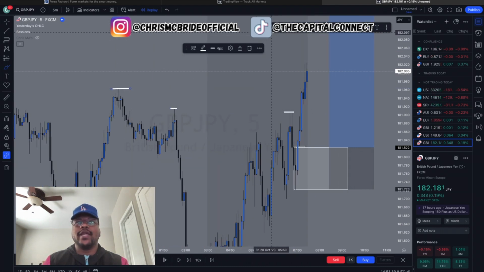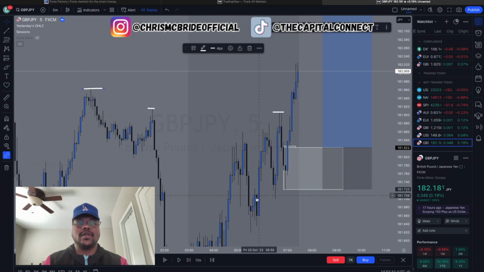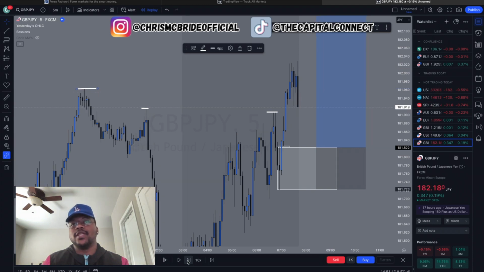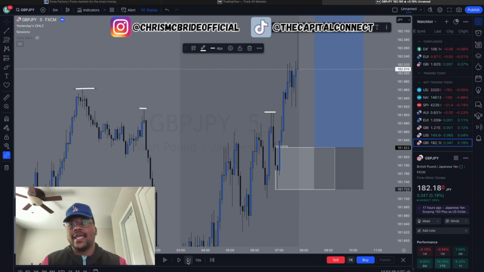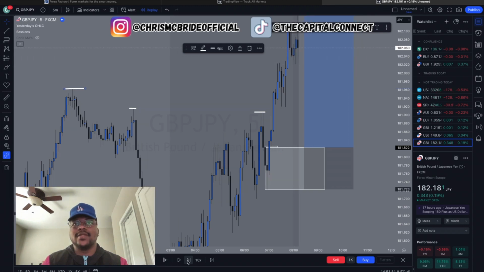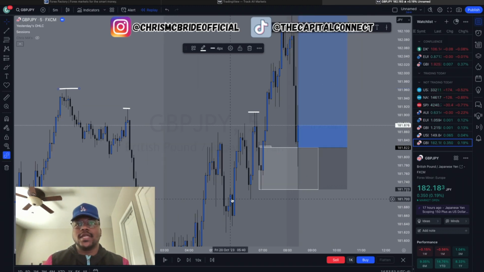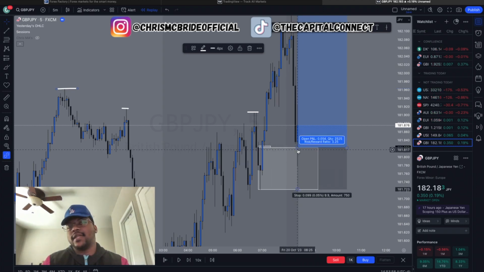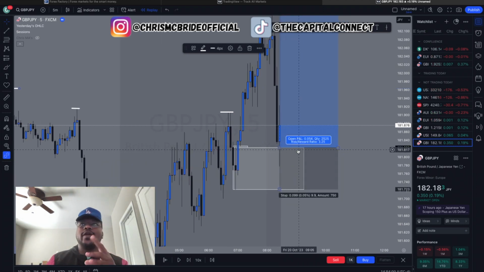So all we're gonna be waiting for is for price to get back to our zone, and we're gonna be looking to enter. Now, if you want to trade it like how I trade it, I enter basically as soon as it enters into my zone. So once it comes back into my zone, I'm hitting buy, right? That's considered a more aggressive entry because I'm not waiting for any confirmation at the zone.